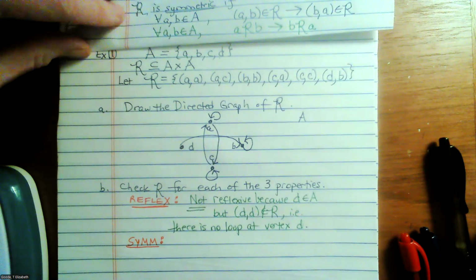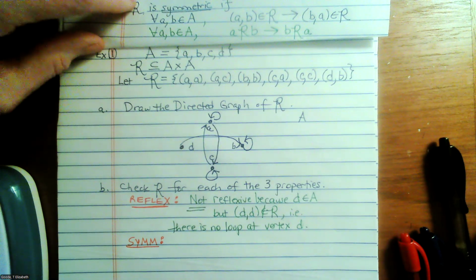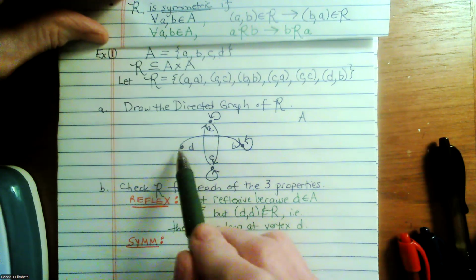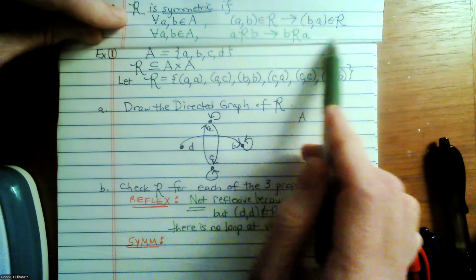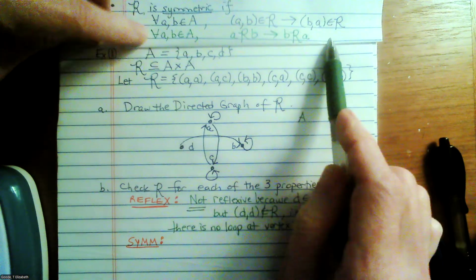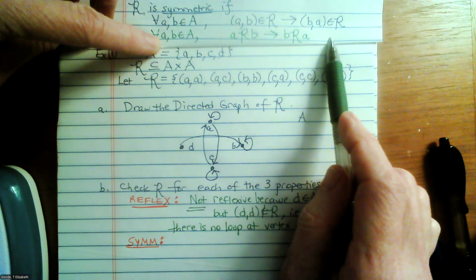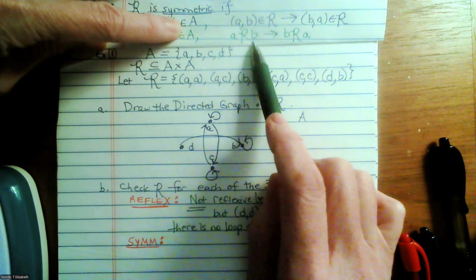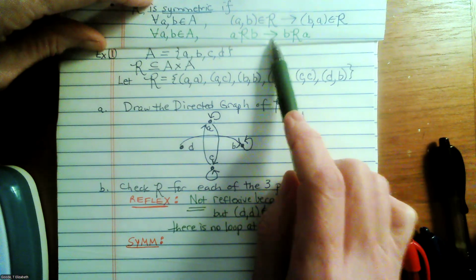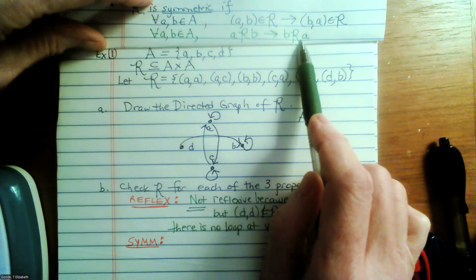We do from A to C, but not from D to B. And that's all it takes is the existence, right? Because this is a for all statement. And the negation of a for all statement is there exist elements little a and little b in A where A is related to B and B is not related to A, right?